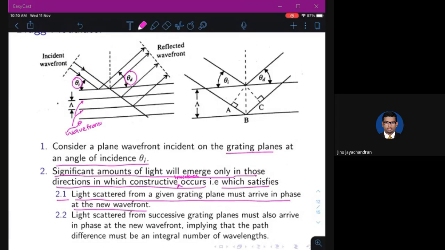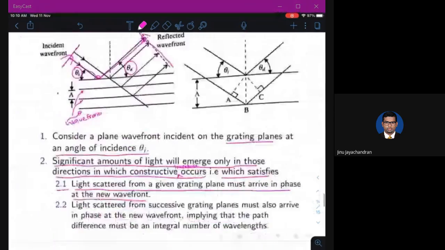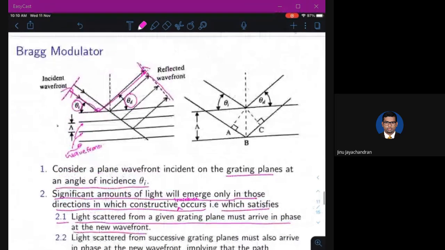So if you take any wavefront, the waves should be in phase. If your wave has a maximum here, then you should have the same maximum here. That means they are in phase.